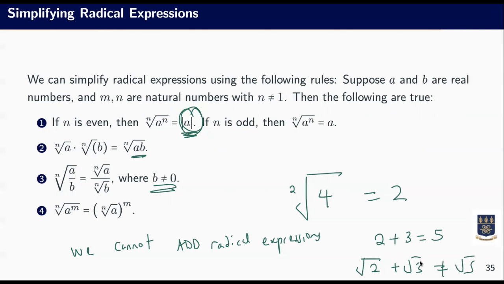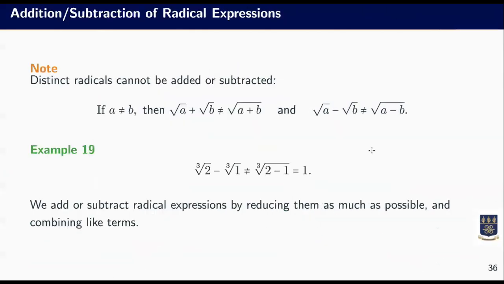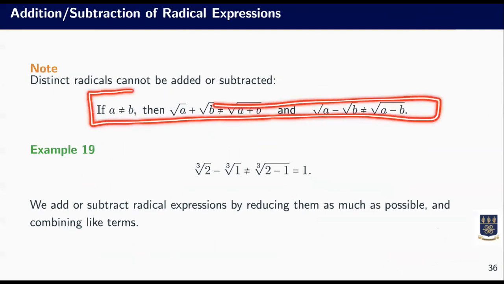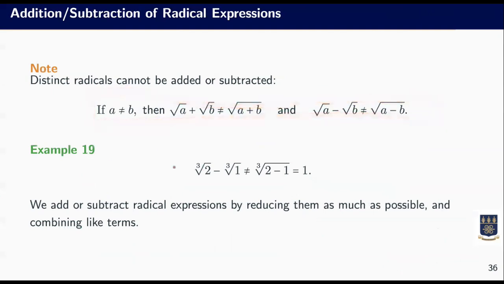It's not additive. So I have just said what I wrote down. You cannot add or subtract distinct radicals. If they are not the same, then you can't add them. So the root of A plus root of B does not equal root of A plus B, neither the difference. Like this one, the cube root of 2 is a certain number.